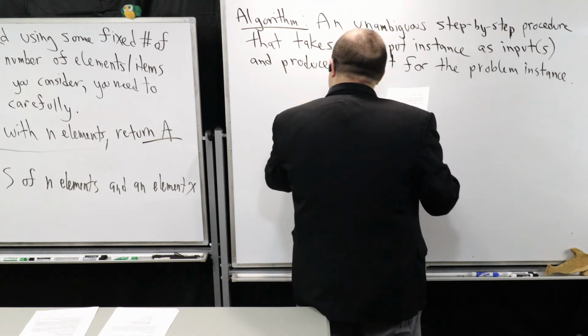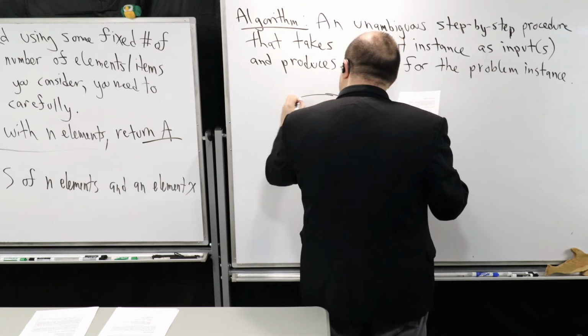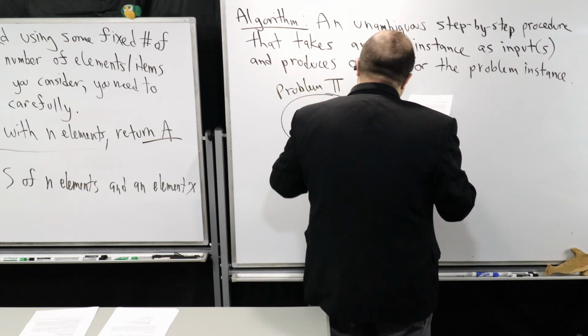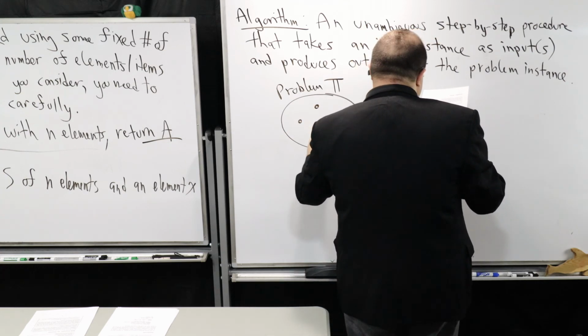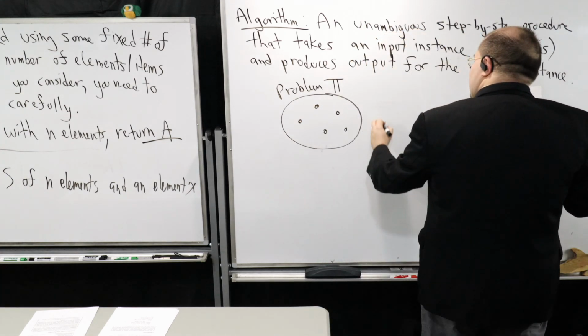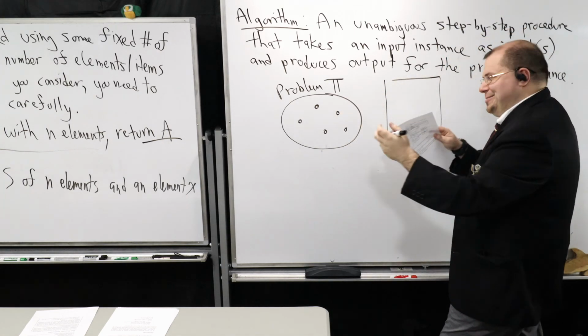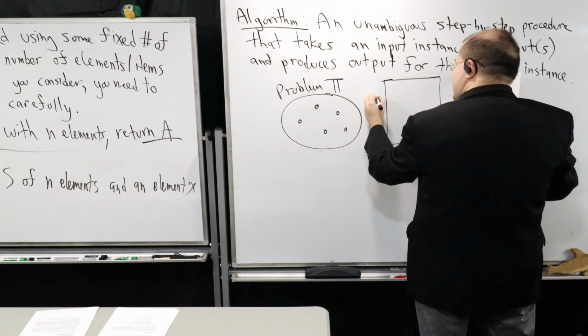So here's a picture to put everything I just said together. Here's a problem. There are all my instances. If I blow up one of these dots, I'm just going to make it really big because it makes it easier to see.